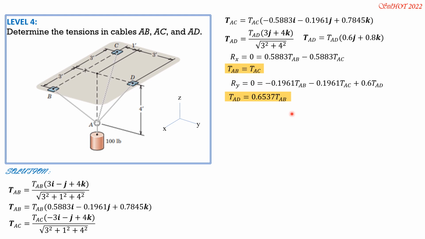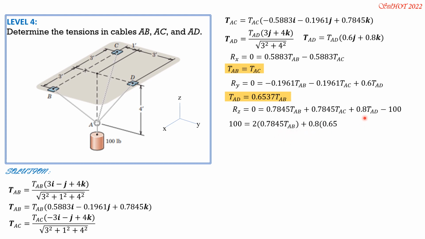Then finally, Rz is 0, and it is equal to 0.7845 tension AB plus 0.7845 tension AC, then plus 0.8 tension AD, then don't forget minus 100 here downward for the load. And take note that these two can be combined because they are equal. And substitute the value of tension AD also. So 100 is equal to 2 times 0.7845 tension AB plus 0.8 of 0.6537 tension AB.